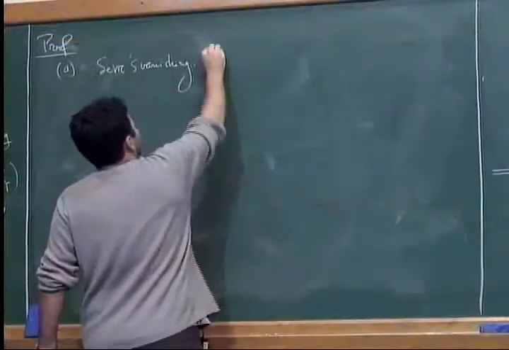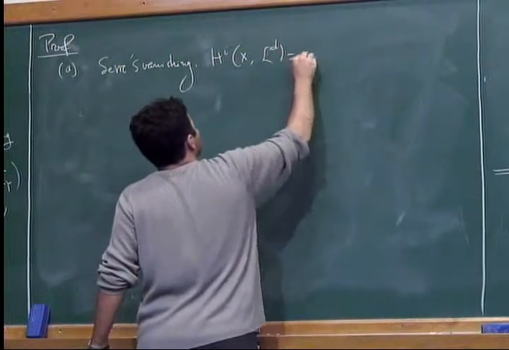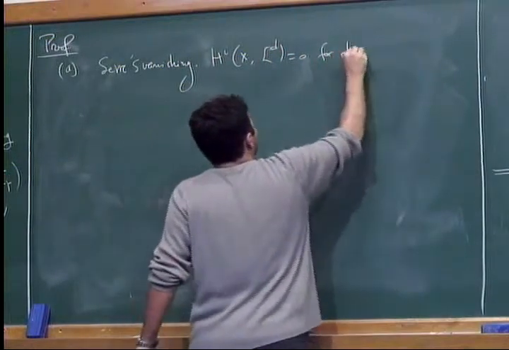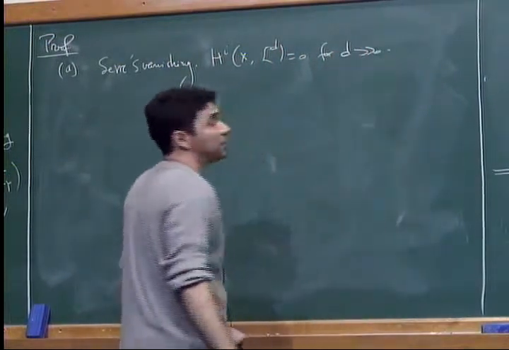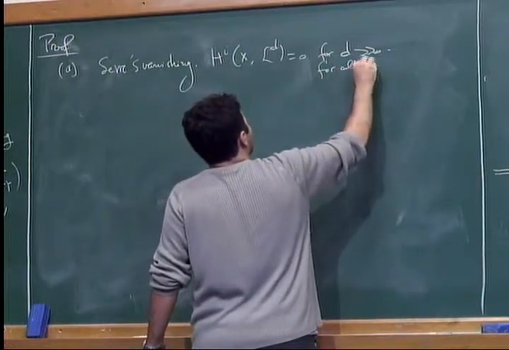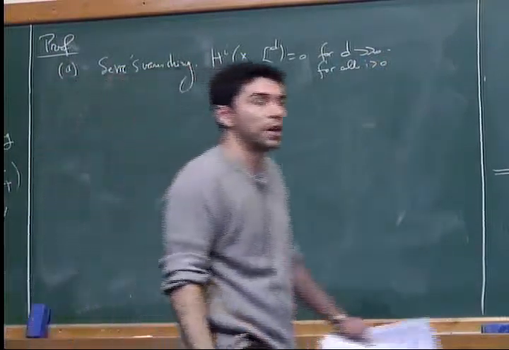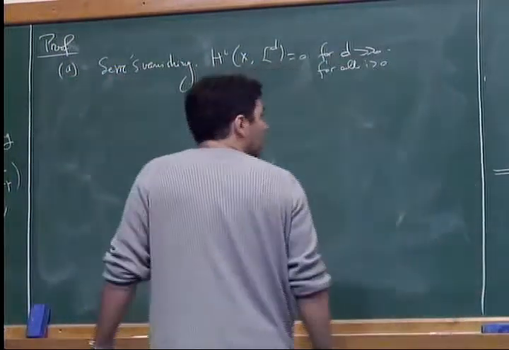That says that H^i(X, L^d) is 0 for d big enough and for all i positive. And then you apply the theorem.